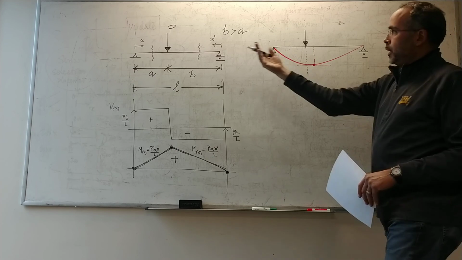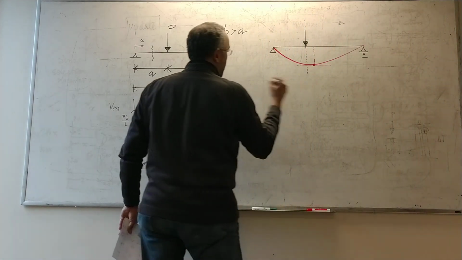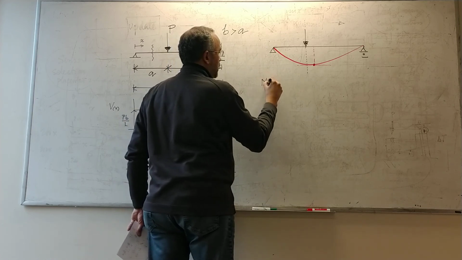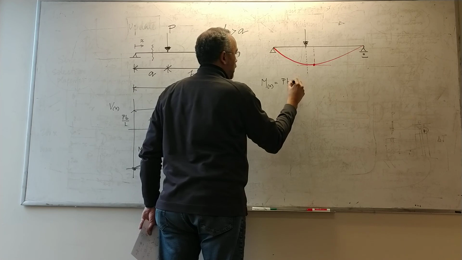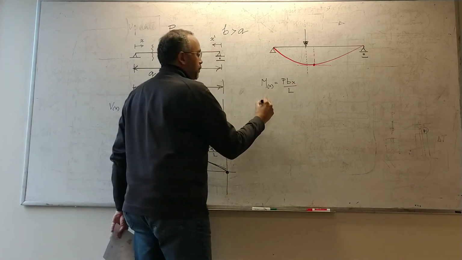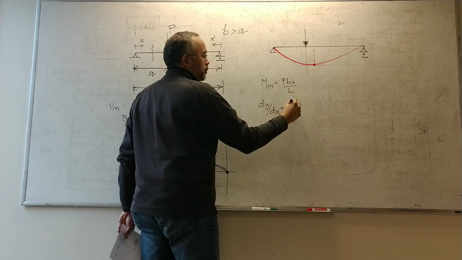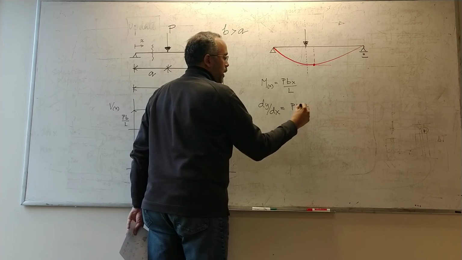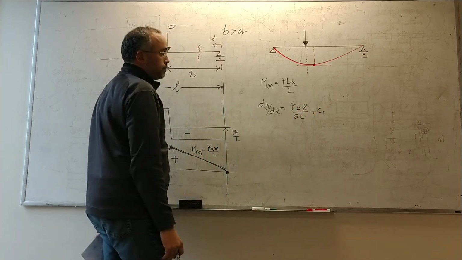So if we come from the left to the load, we find that, as I said, M, the function of X, would be PB times X divided by L. The slope would be PBX squared divided by 2L plus a constant.